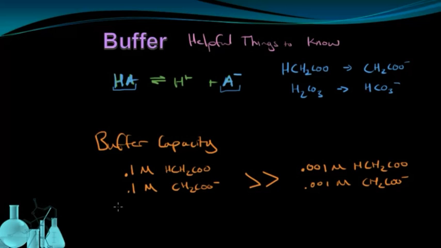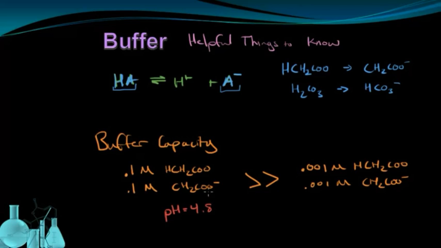There's another neat thing about buffer capacity, and so we're going to explore this solution a little bit more. When we make the buffer of acetic acid and its conjugate base, it basically fixes the pH at about 4.8. So now if we look at this buffer capacity thing again, the first solution that has a 0.1 molar concentration of each component, the higher concentrated buffer, has this pH 4.8 it's sort of fixing the solution at.